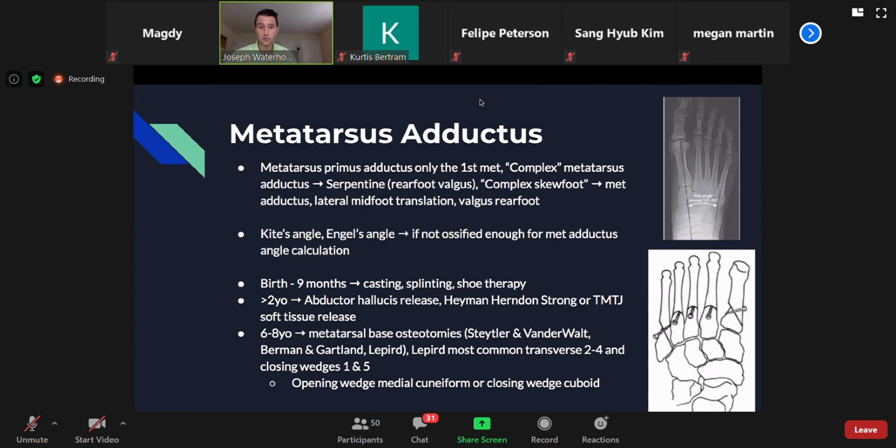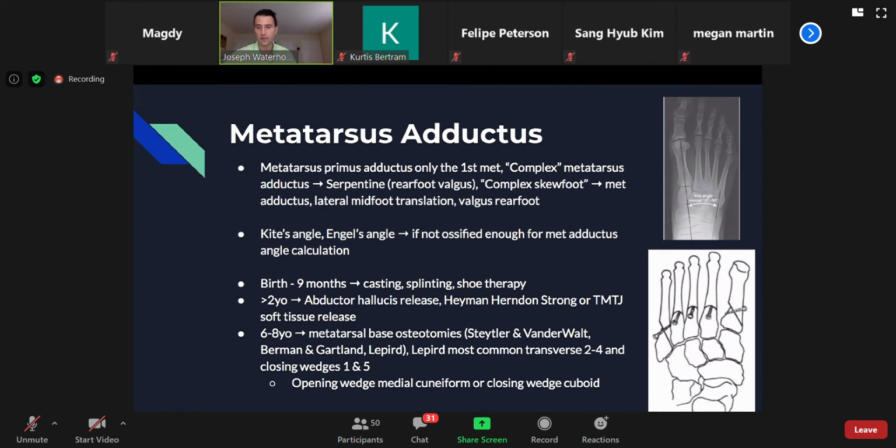Up front, you're doing a lot of casting, shoe therapy. In the middle, it's a bunch of soft tissue release. And once they're over 6 or 8, you can start considering met-based osteotomies. Again, with the caveat, if you're working at the first metatarsal base, that's where the growth plate is, so avoid the growth plate. So birth to 9 months, and really birth to 2 years, right?